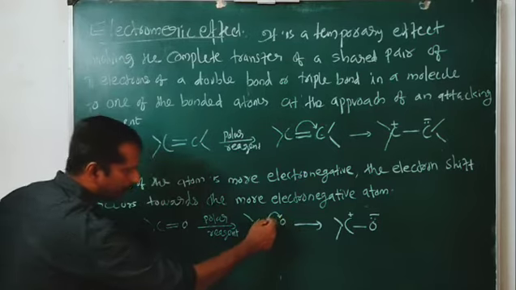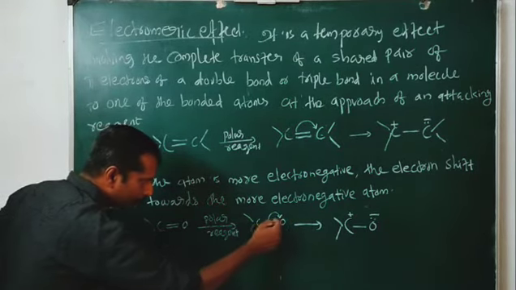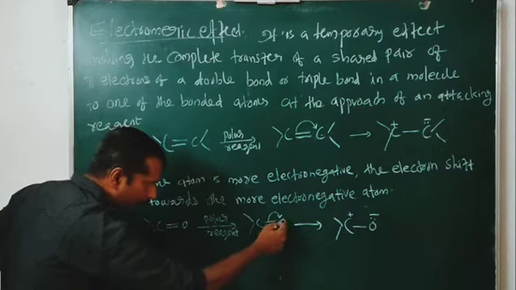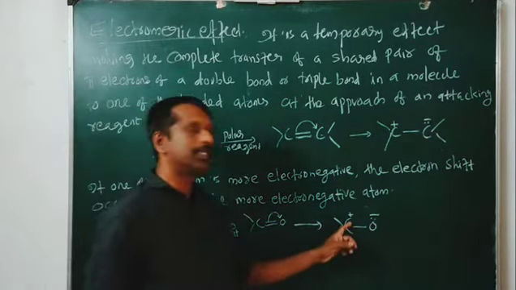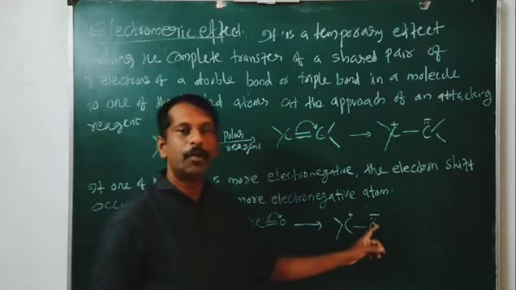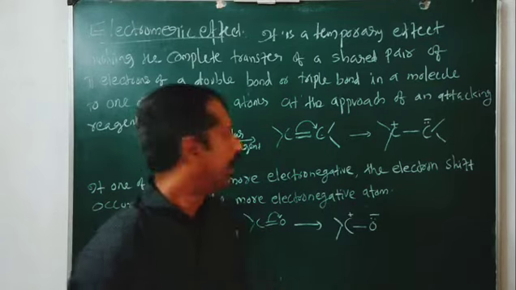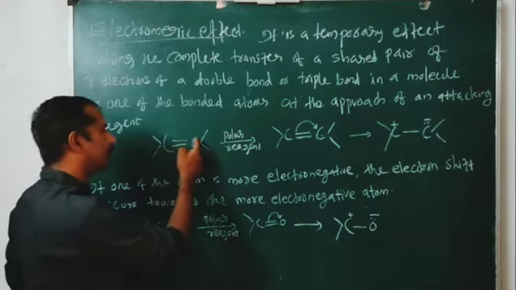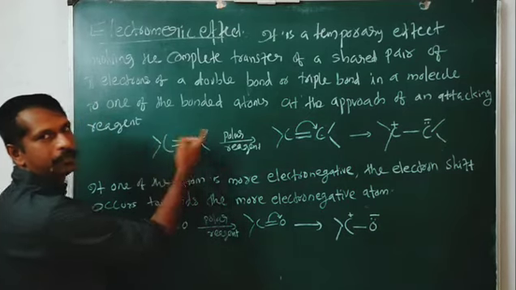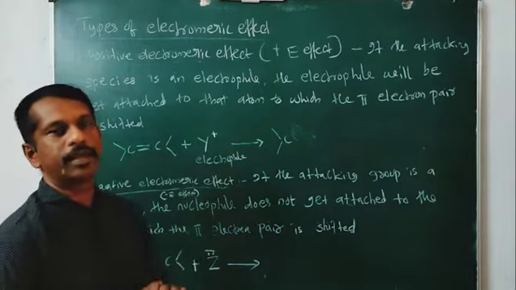Only in this direction will the pi electrons move. That means the pi electrons will always move towards the more electronegative atom, the oxygen atom, and you get a positively charged carbon, and the more electronegative atom will always get a negative charge. But here both are carbon atoms. This bond can shift to here or it can be shifted to this carbon. It makes no difference.